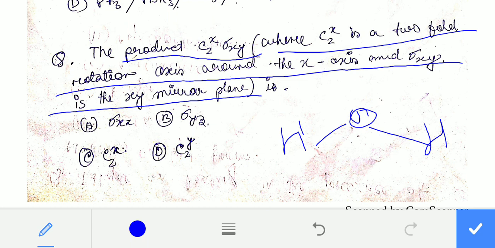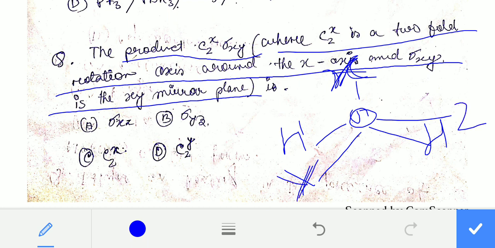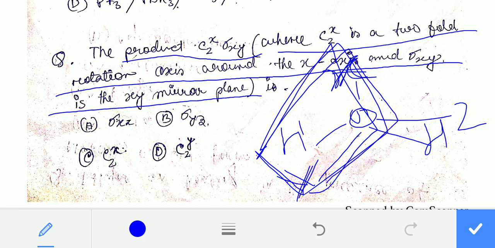So since the xy plane is there, and this is z, this plane is bisecting the molecule in such a way that it is a sigma plane, right?